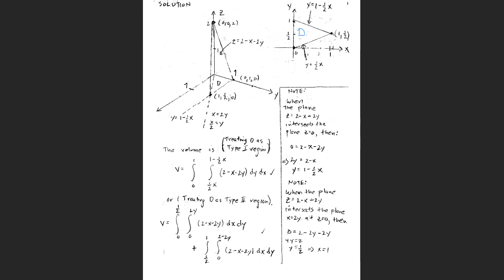We're going to treat region D as a type 1 region. I'm actually going to do it both ways. But if we treat the region D as a type 1 region, that means your boundary functions are above and below. And traditionally, we draw a line segment with an arrow, just like I have that right there.